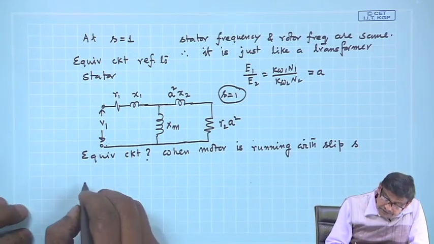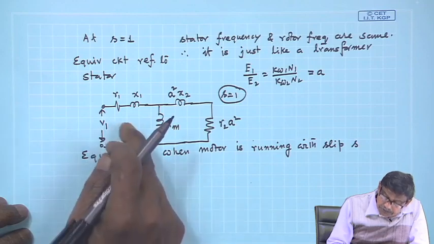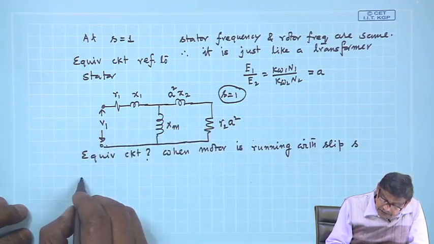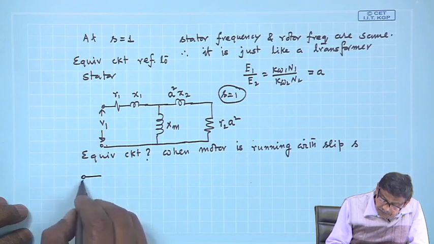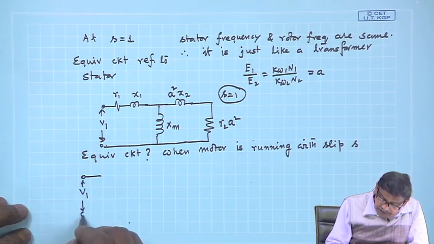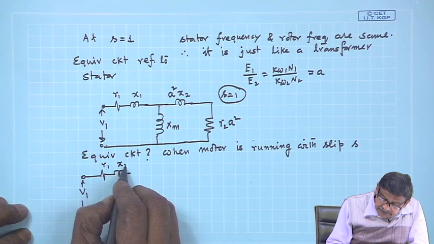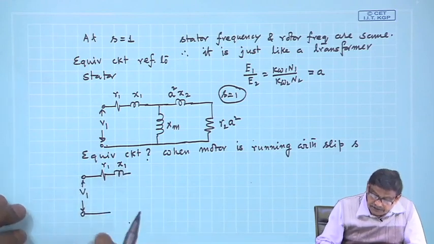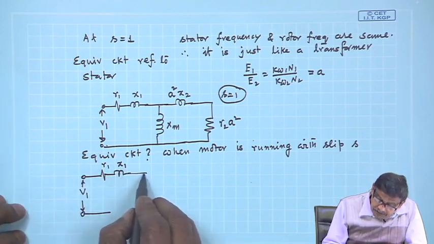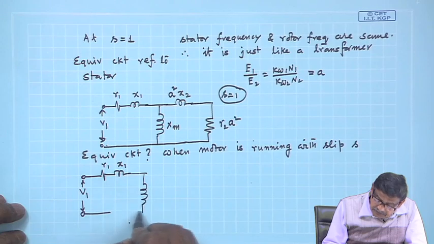Under that condition, if I draw the primary and secondary coil separately, it will be like this. V 1 is the applied voltage per phase on the stator windings. This is R 1, leakage resistance, and leakage reactance of the stator, and this is your jXm.